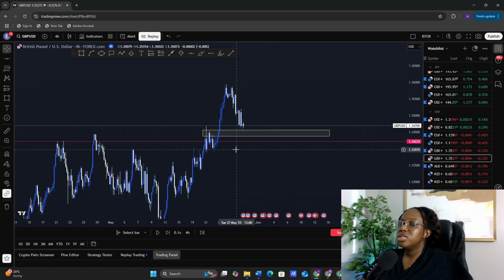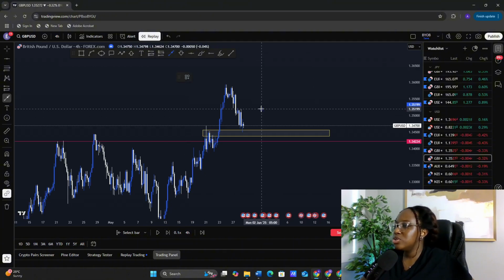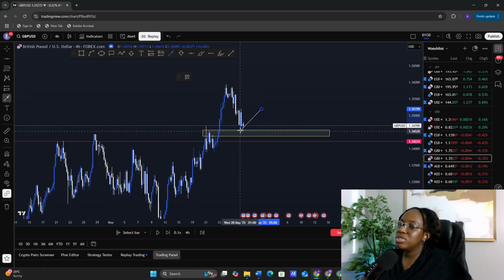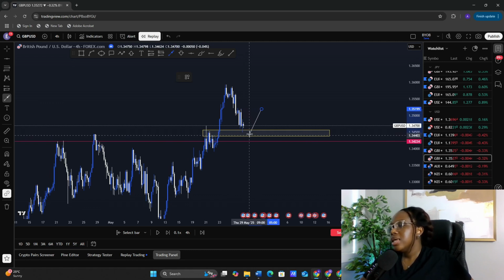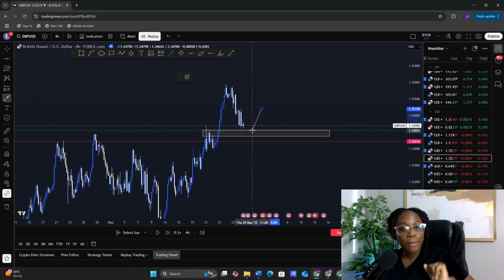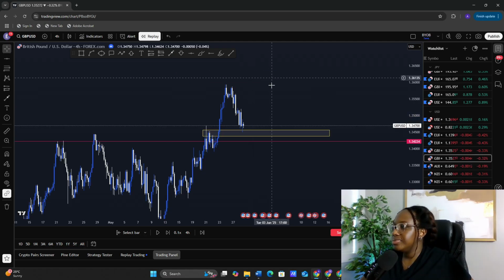Now the next question would be, how do I get into the trade? The first thing you do, of course, is to watch. You keep watching. At this point price has actually come to our area of interest, but this is not enough data for us to get into the move just yet. We need price to play around in this area for a bit, then show its hand before we get into the trade.